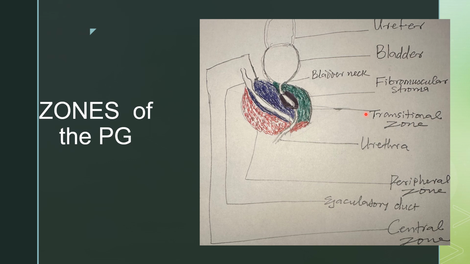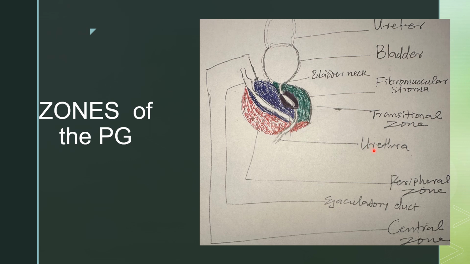You can see why BPH could be very troublesome when it comes to obstructive uropathy, because when this is enlarged, being pretty close to the urethra, it is easily going to compress it. That is the transitional zone.